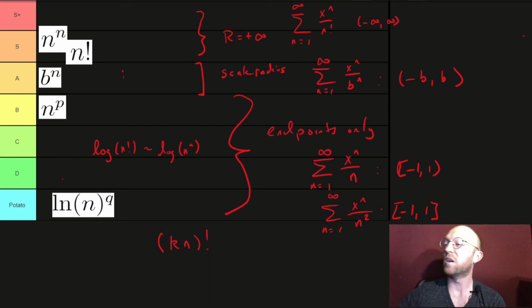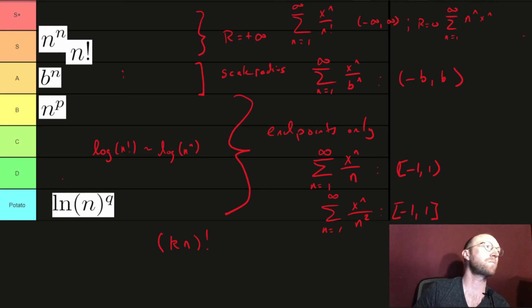Similarly, I can make the radius equal to 0 by putting it on top. We can shrink the radius if I put b to the n up top. All of these things. So I think this is a pretty natural order. Enjoy. Thanks for hanging out.